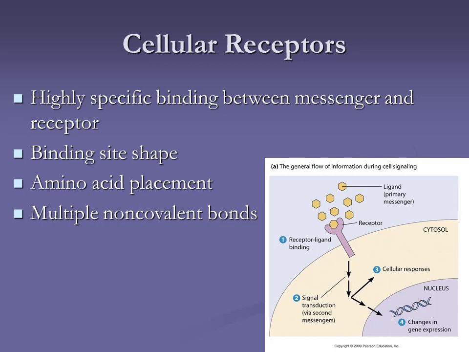So, not surprising that the shape is going to be dictated by the amino acid sequences. And not surprising that this interaction between the ligand and the receptor is facilitated through non-covalent bonds. Principally what kind? Hydrogen. Because you don't want a ligand just to get into the receptor and get stuck. No. You want it to be able to bind, activate, and then come off.